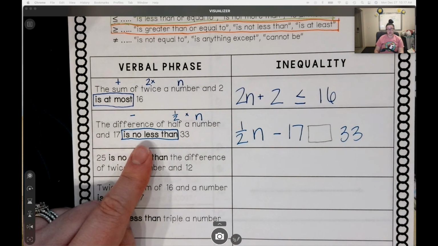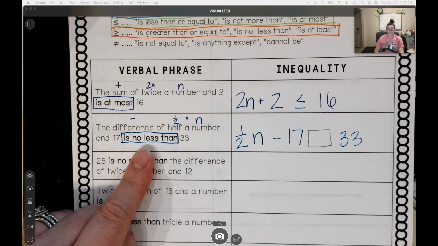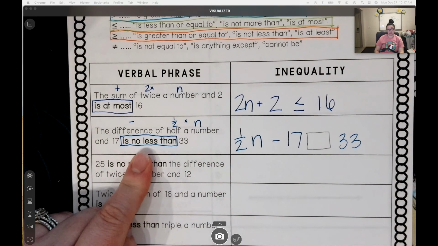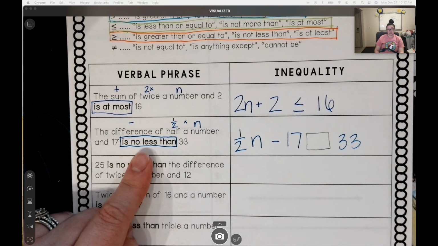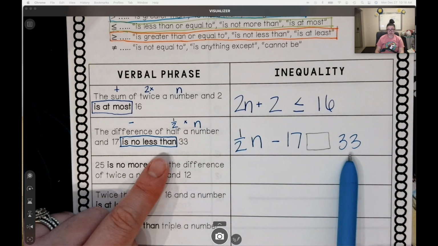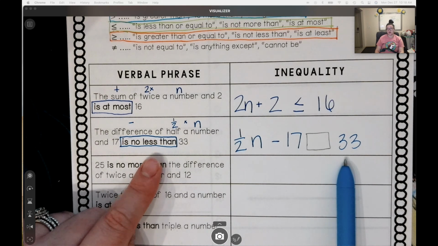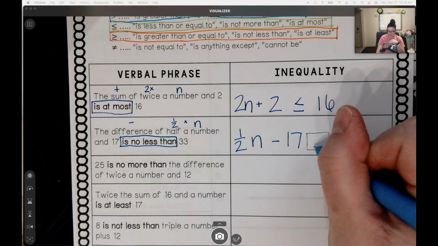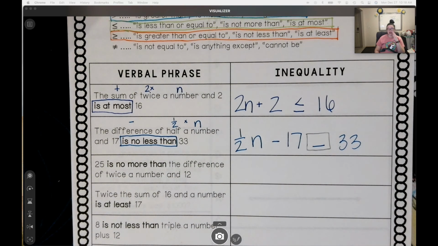Now let's think about this phrase, is no less than. If something is no less than, can it equal it? If my parents' age is no less than 33, yeah, that means it could equal it, so I need to have that line underneath.